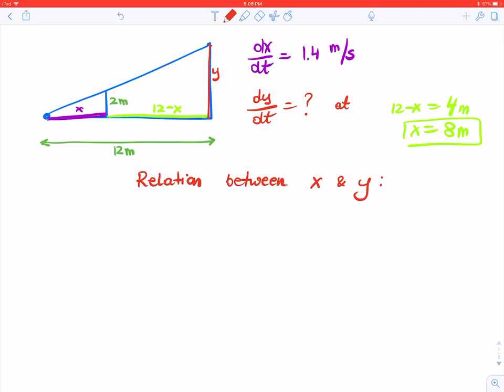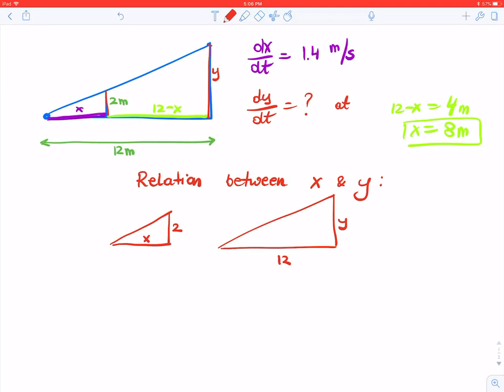I can say the height 2 meters, that's x, that's 2, and then I have the big triangle, which is 12 and this is y.